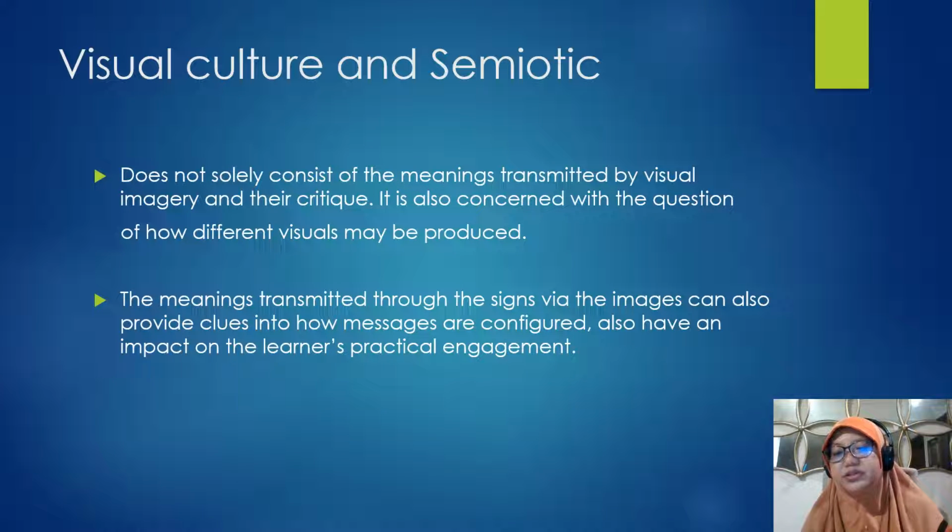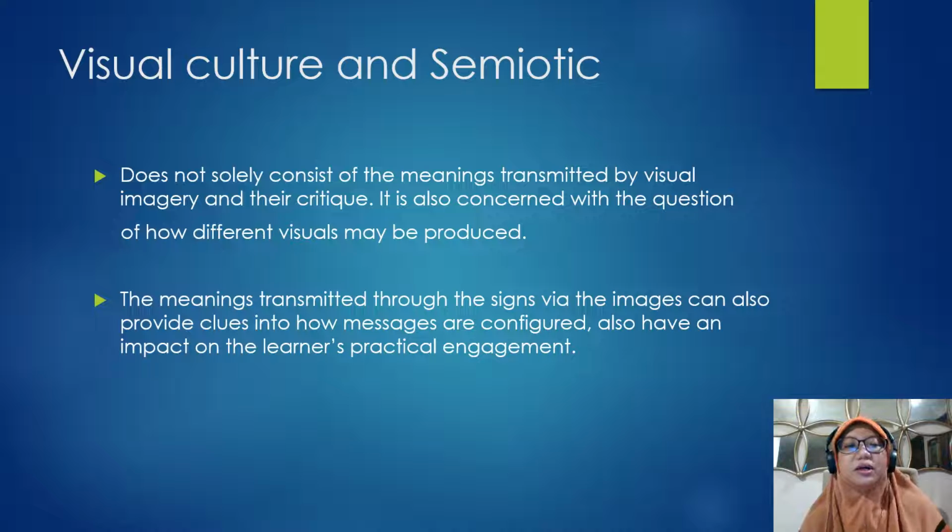As I mentioned just now, the arrangement properly arranged by the producer, the lighting, the font used, the camera angle, all those actually carry meaning. How different visuals may be pre-arranged beforehand so that the intended meaning will be achieved, right?